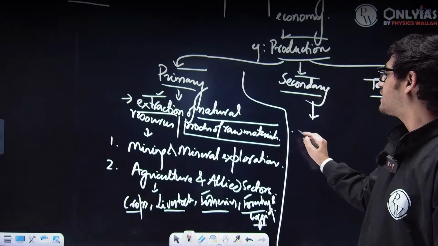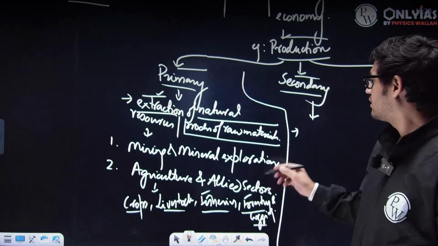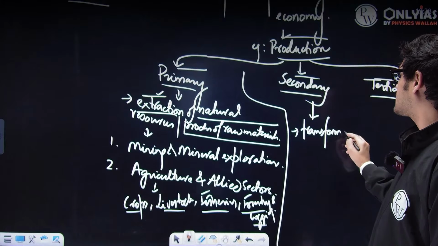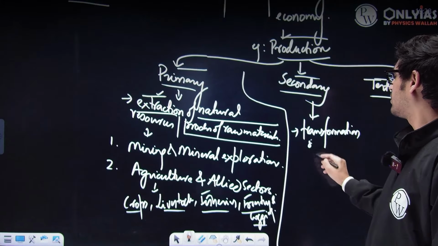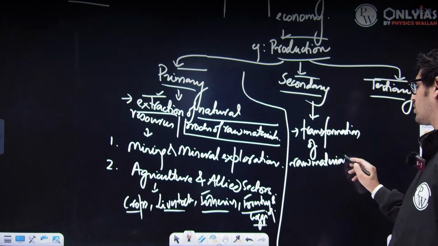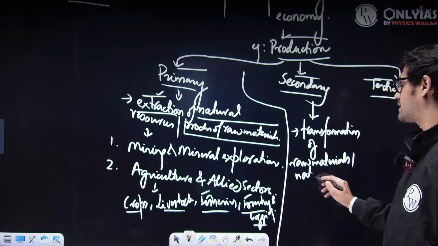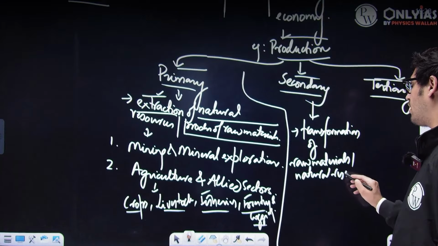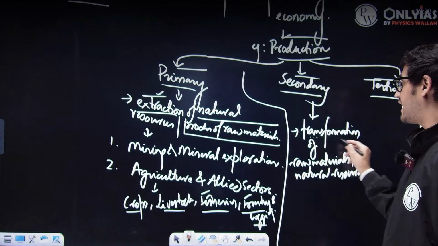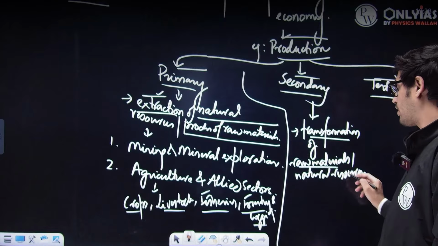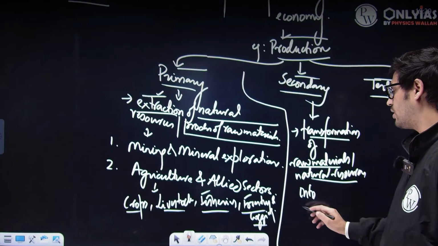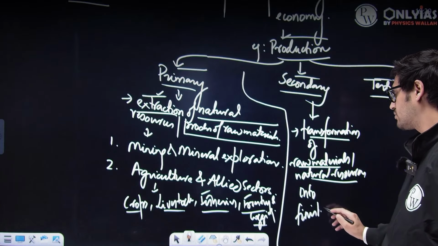The secondary sector is concerned with the transformation of raw materials or natural resources, both of which are products of the primary sector of the economy. They deal in the transformation of raw materials and natural resources into what is called finished goods.